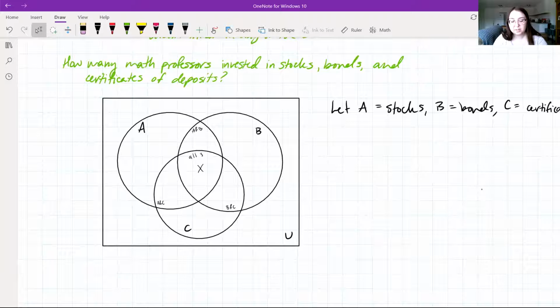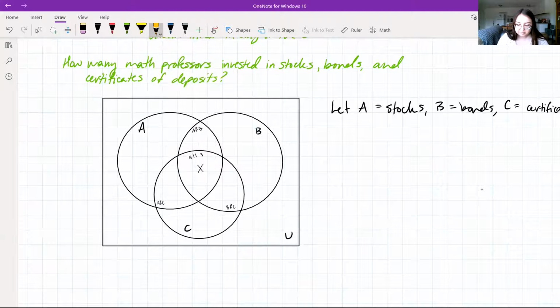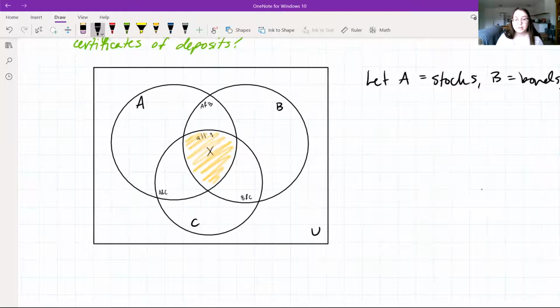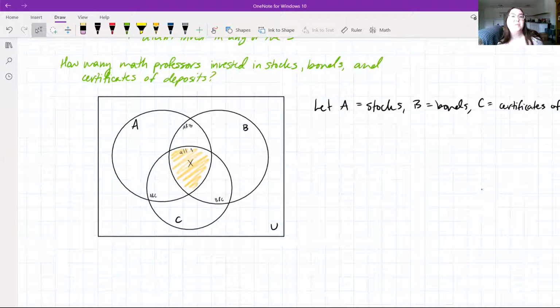So our very center, which is going to be all three, is just X. Now we need to label every region that we need to find. And of course, we know that since we're trying to find X, this is the region we're solving for. But in order to find X, we'll need to find every other value first.